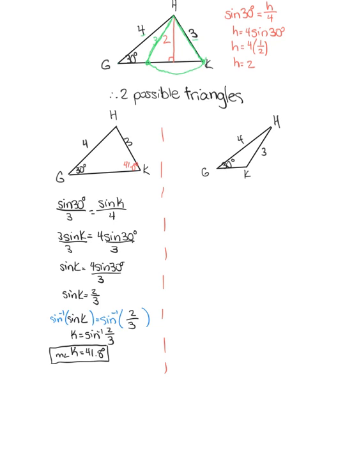So I can say that 30 degrees plus 41.8 degrees plus the measure of angle H is equal to 180, or the measure of angle H is equal to 108.2. Then I can add that to my picture as well, 108.2 degrees.